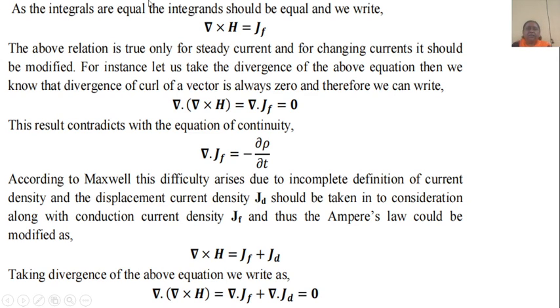As the integrals are equal, the integrands should be equal, and we write del cross H equal to JF.